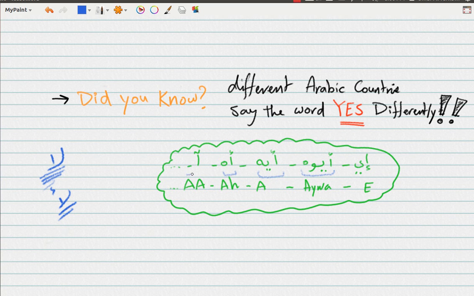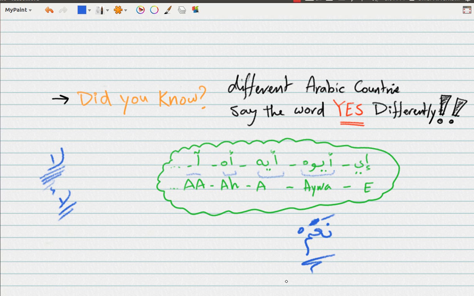All of these mean yes. So in different dialects they do it differently, but remember again, in standard Arabic, if you hear it in the news, or read it in a newspaper or a novel, any book, it would always be nam.